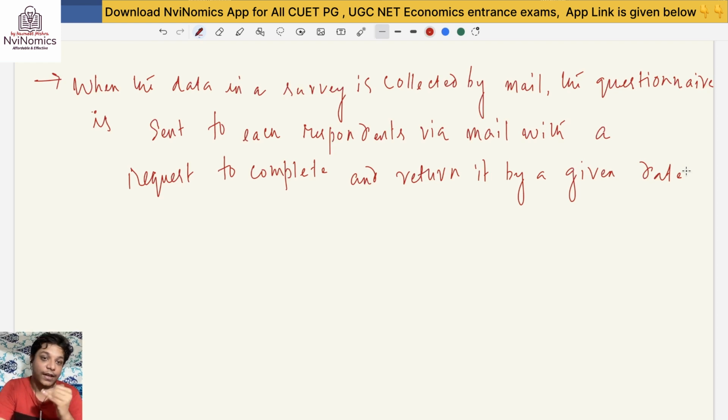Actually, Aditya, when a questionnaire is sent, it has some purpose. Suppose I am a researcher trying to collect data about family income, and you guys in this session are my respondents.